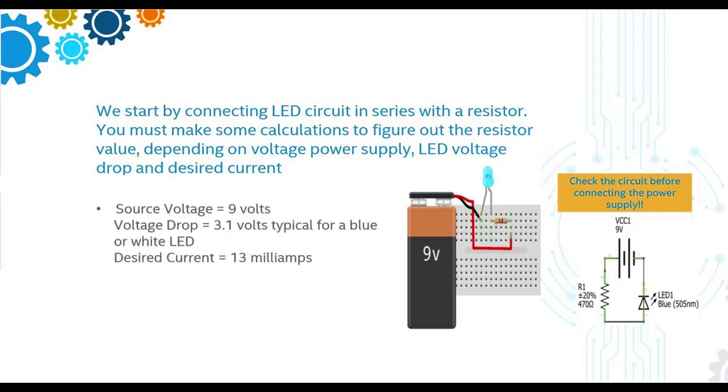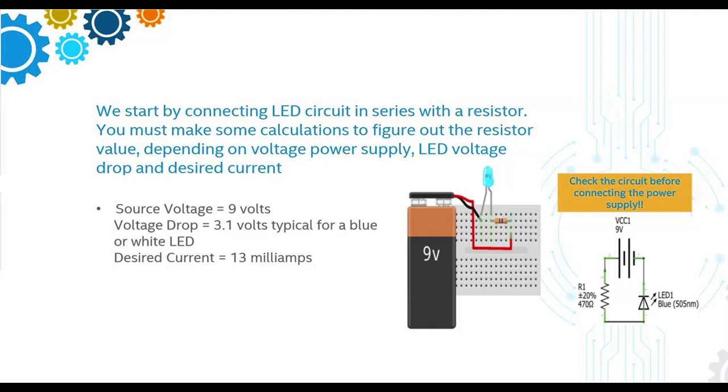Whenever we deal with this circuit, the source voltage is 9 volt, and the voltage drop for the blue color is typically 3.1 volt, the conducting voltage. The LED is nothing but a diode, and every semiconductor diode has its own conducting voltage. Each color has its own conducting voltage; for example, blue is about 3 volt.